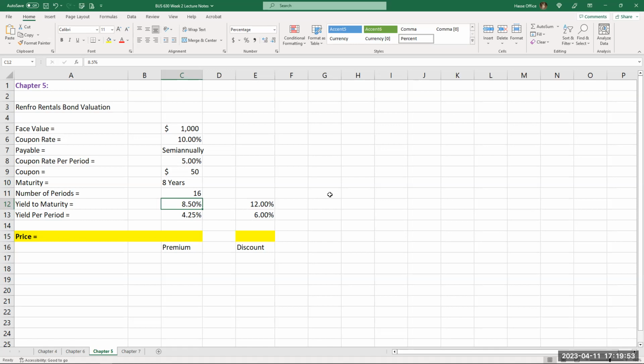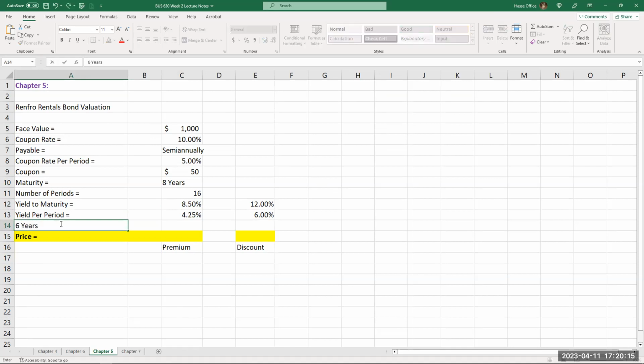So let's say we want to sell this bond after 2 years. So 2 years have gone by and we've gotten the $100 payments for those 2 years in $50 payments every 6 months. So at the end of 2 years, we want to sell it. So what is the value of this bond with 6 years remaining?